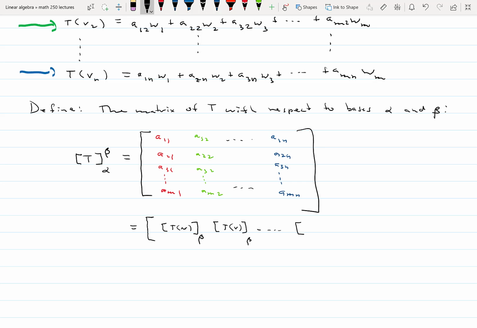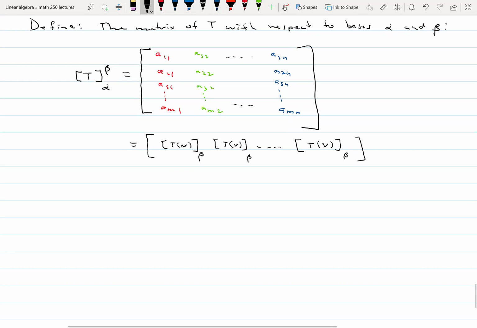So it's really simple to memorize the matrix of T with respect to the bases alpha and beta by looking at the matrix as just a whole bunch of columns of coordinates. Okay, and if you're still confused about this, it's not a big deal. Our next example is going to force us to look very carefully at what this matrix is, and what it's doing.